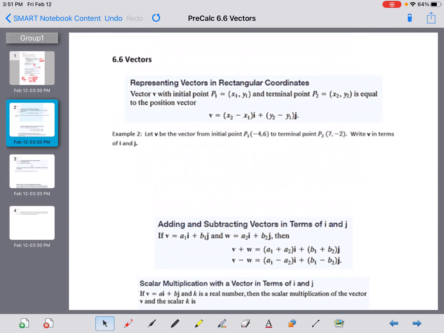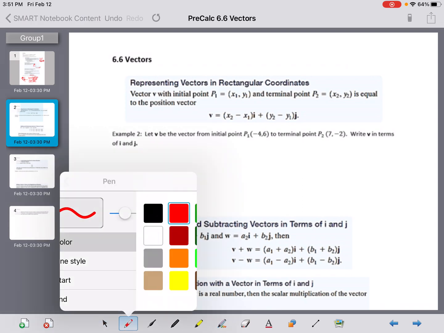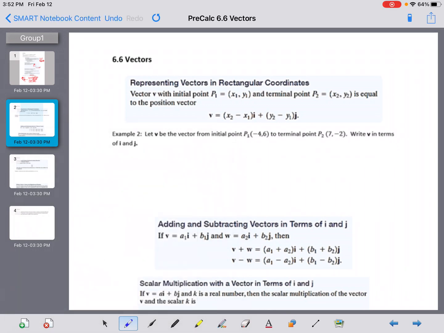All right, representing vectors in rectangular coordinates. To be honest, it's just including that i and that j. Now, one thing I do want to run through on this example: if you start with an initial point, here's where my vector starts, here's where my vector ends, so this is the initial, this is the terminal.